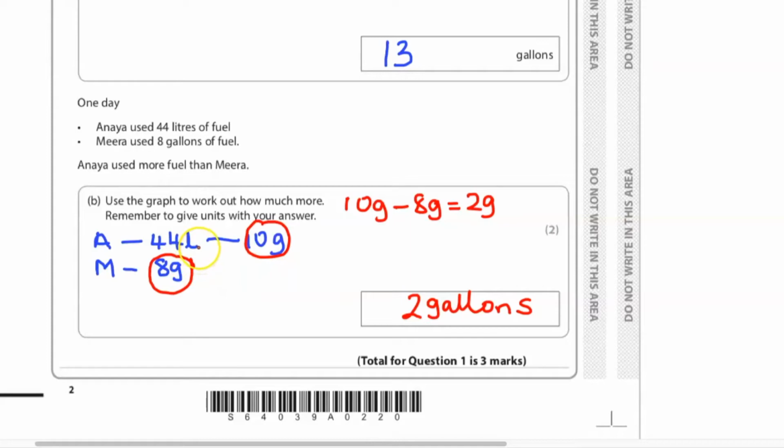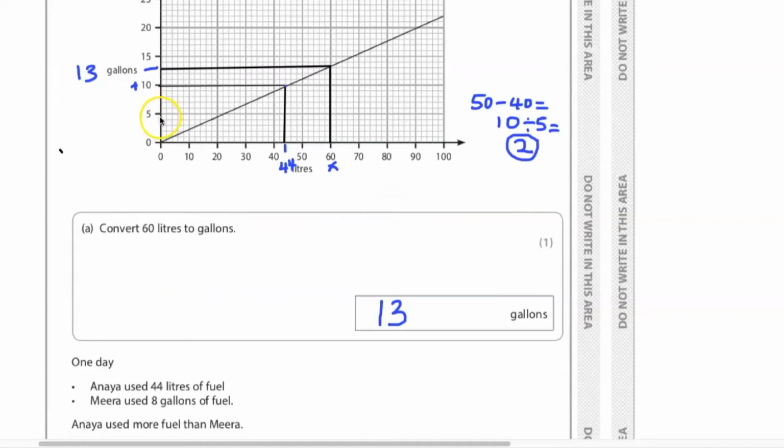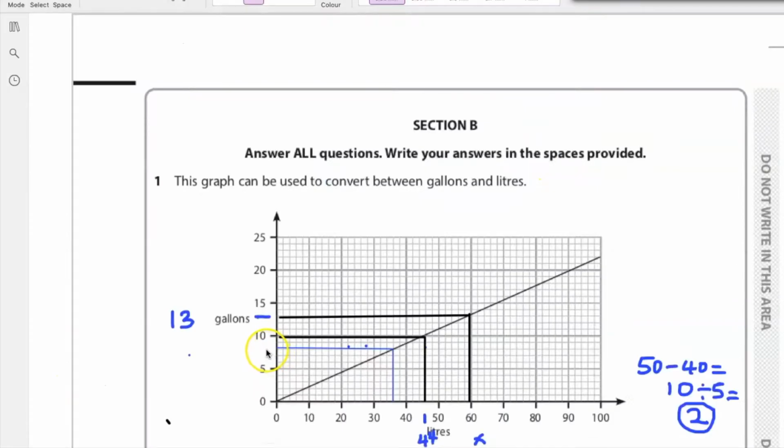I'm going to go ahead and try liters. If Mira is 8 gallons, 5, 6, 7, 8. So this is 8 gallons. Now we need to read what it is in liters.